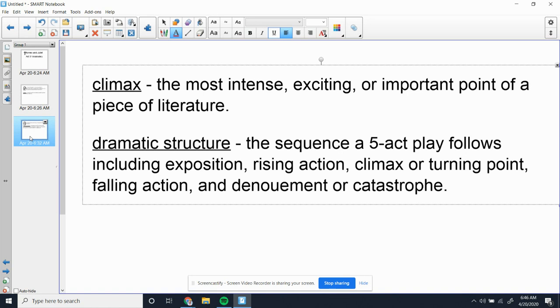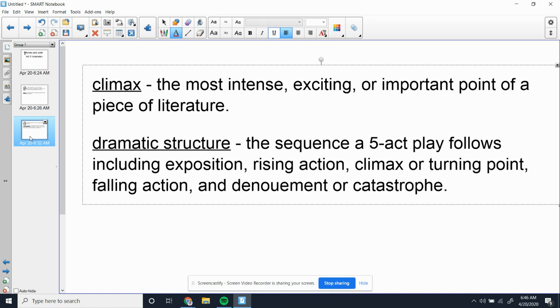Plays are sometimes a little bit different than a lot of other literature we're used to, where you're normally going to find the climax, the most exciting part, the part where the character either has to go one direction or the other direction, very close to the ending. However, a lot of times in Shakespearean plays or dramatic plays, the climax actually comes earlier, and that is true in Romeo and Juliet. We're going to find the climax of Romeo and Juliet at the end of Act 3.